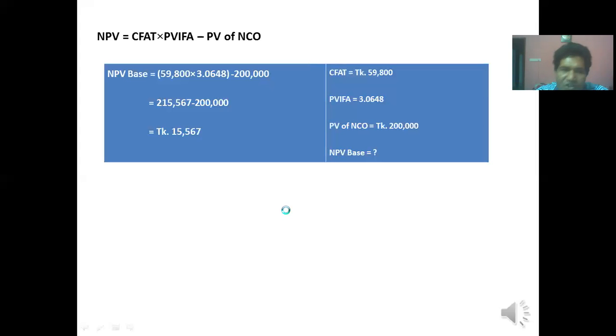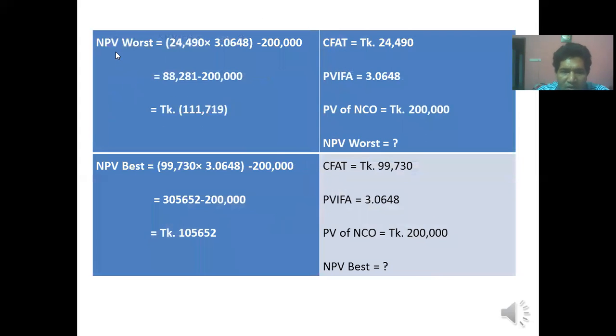Next, for worst situation, NPV worst: 24,490 into 3.0648 minus NCO. Here CFAT you can see 24,490, PVIFA 3.0648, PV of NCO 200,000. NPV comes to what?